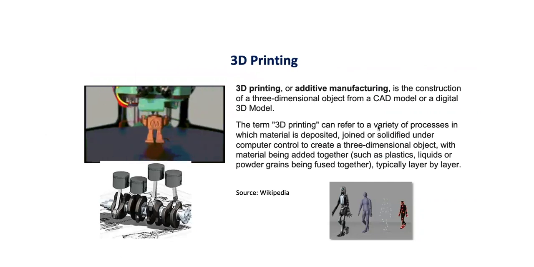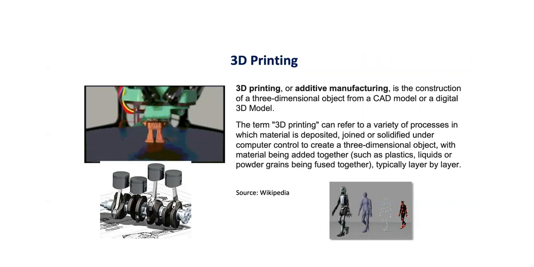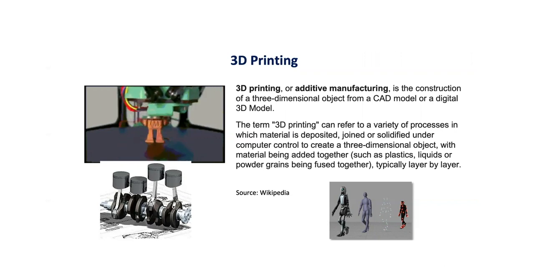3D printing, also called additive manufacturing, has the goal that you can construct a three-dimensional object from a CAD model or a digital 3D model. Where does the internet appear here? Do you remember that we were talking about the internet as the driver?